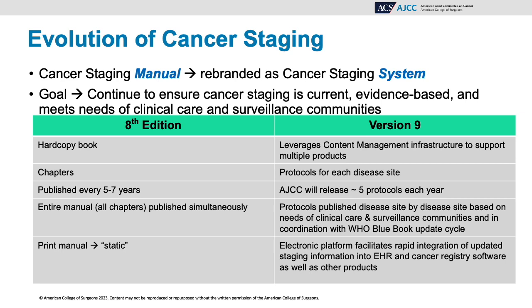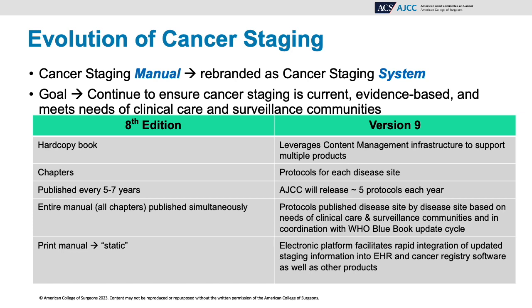So what's happening now? We continue to look at every disease site, and we've made several different changes in how this work is being presented. We've gone from what was the staging manual, which was a large, heavy book that had every cancer in it, to what we now call the cancer staging system.